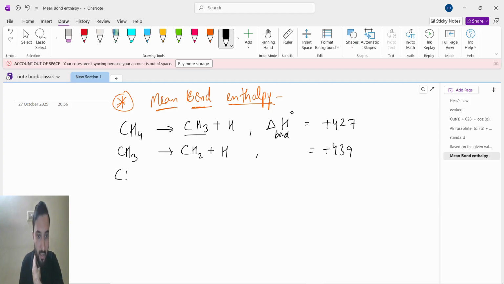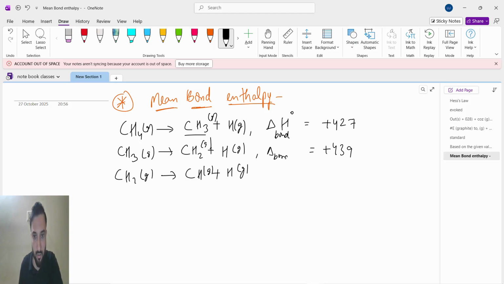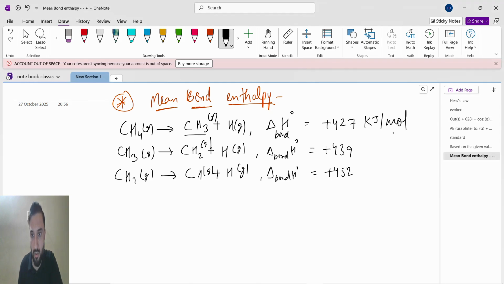Then again CH2 will give CH plus hydrogen. See, all are in the gaseous form. This is delta bond H naught. For this we have plus 452, all in kilojoule per mole.